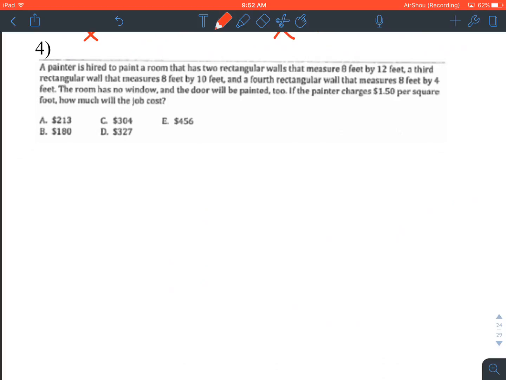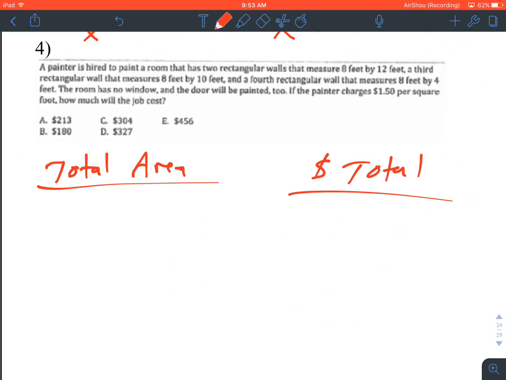So there's 2 parts to this problem. We need to find the total area, and then we need to find the total cost. To find the total area, we need to find the area of each wall. 2 of the walls are 8 by 12.